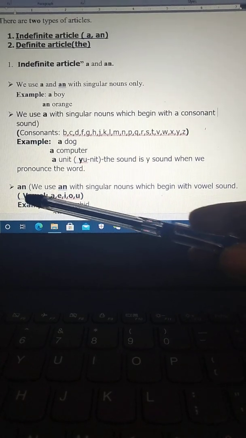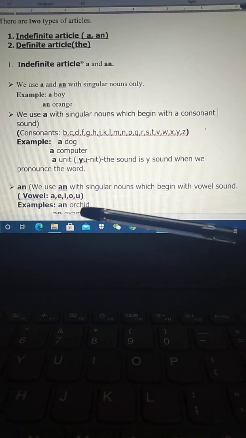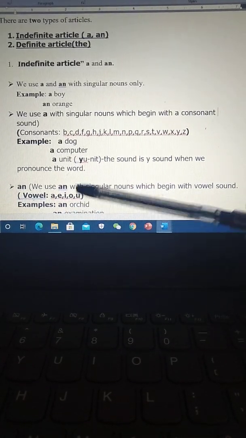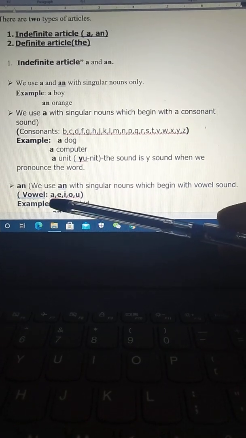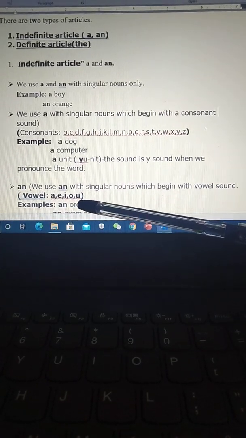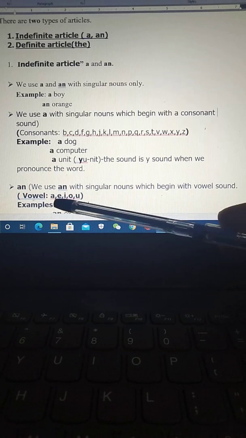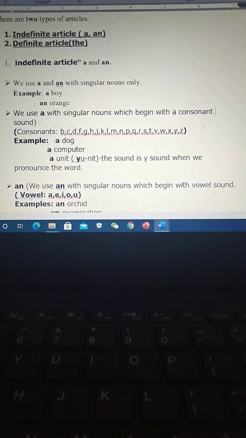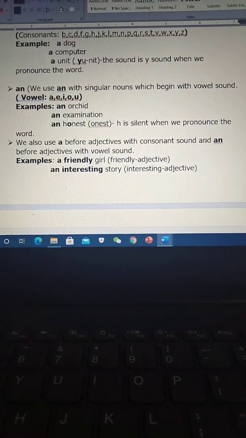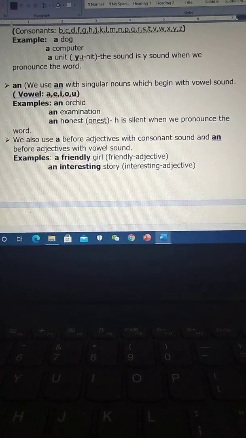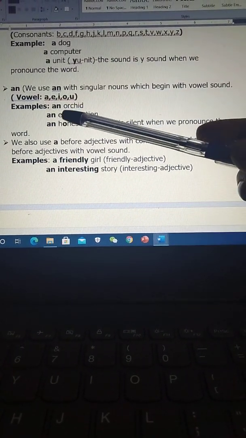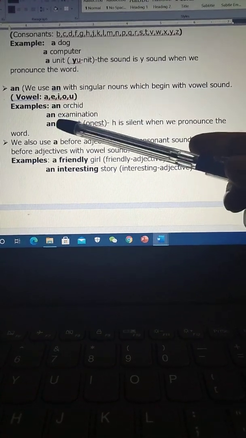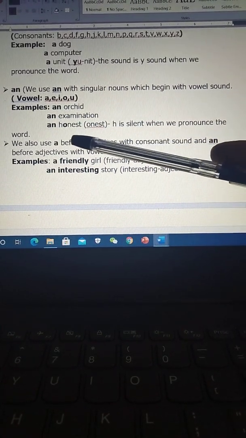Then we use an for the singular noun which has a vowel sound, which has a, e, i, o, u. If it has this sound, then we use an. For example, look here: an orchid, O sound; an examination.